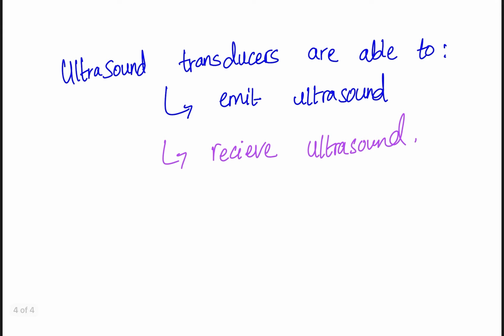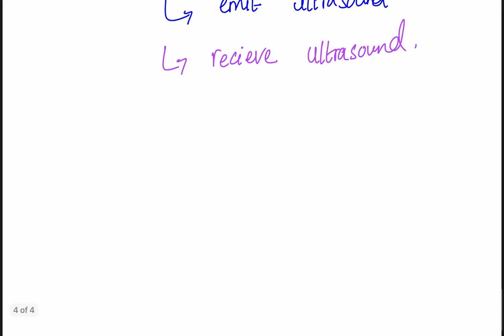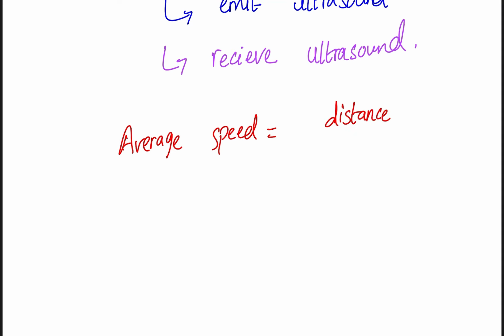The formula to calculate the speed, distance, and time in ultrasound is average speed equals distance moved divided by the time taken.